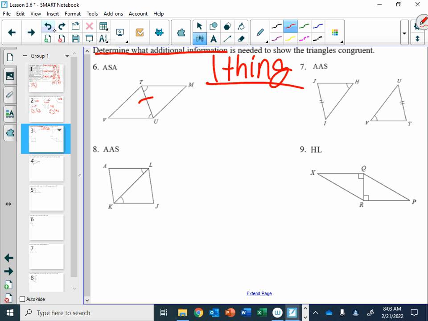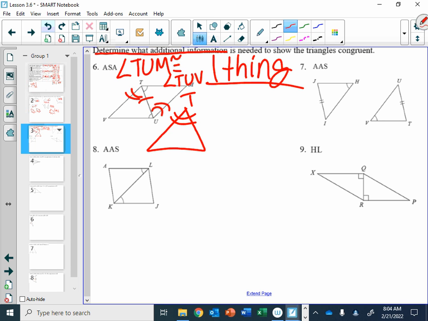T-U-M, yes, so angle TUM. And TUV, yes, which would be this one. Angle TUV.